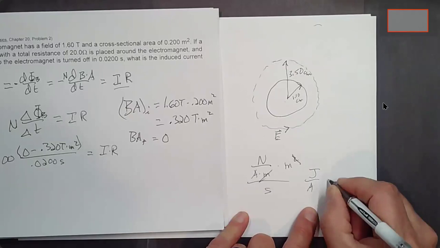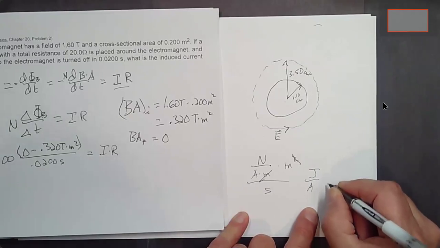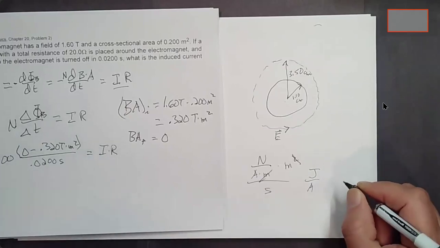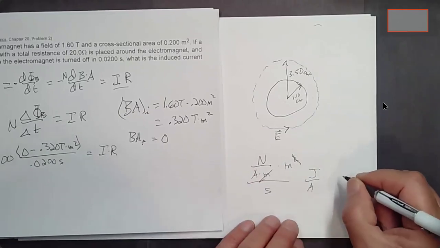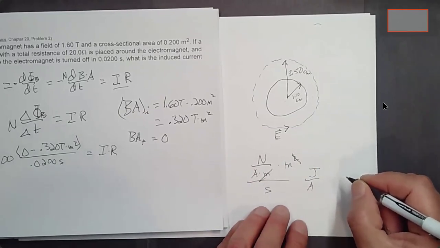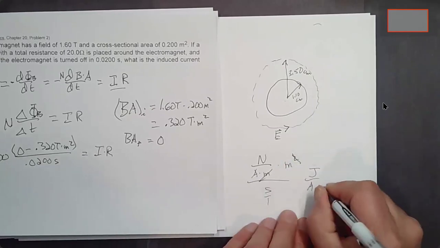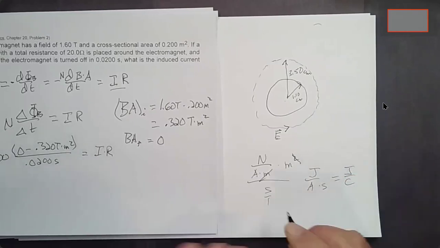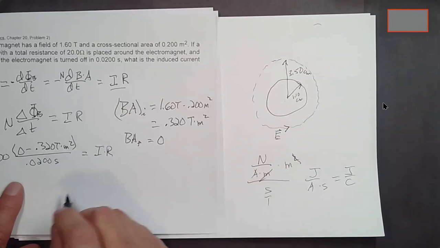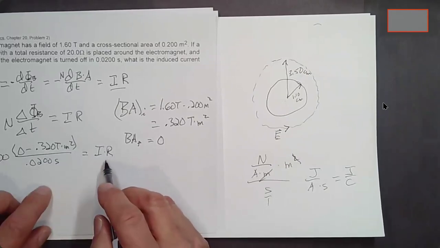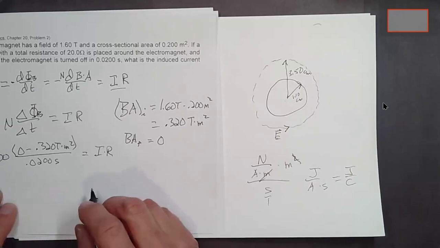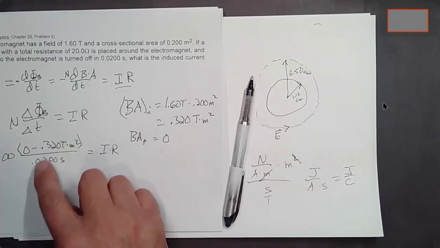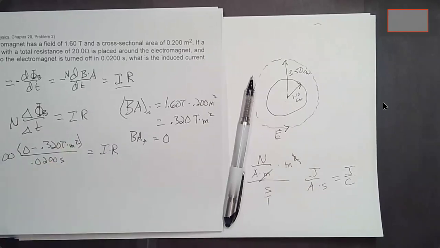Oh, yeah, Newton meter is a joule. Oh, actually, I'd have amp second, which is a coulomb. Yes, it's a joule per coulomb. It's a volt. So whatever number we get here, it's a volt, and I'll be dividing by a resistance, an ohm, and a volt per ohm is an amp. So hooray for that. And I know these are all easy things, but I'm not trusting myself today.